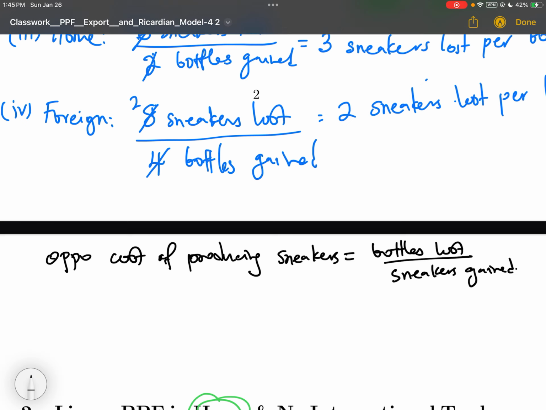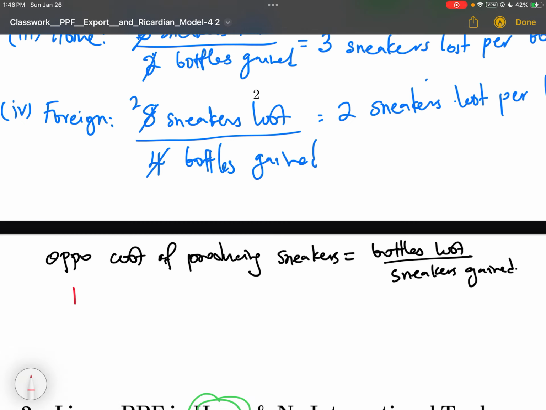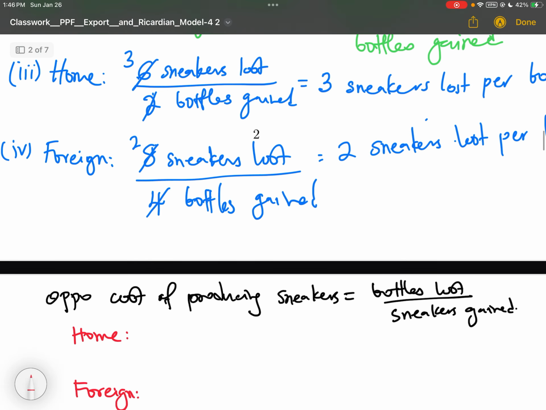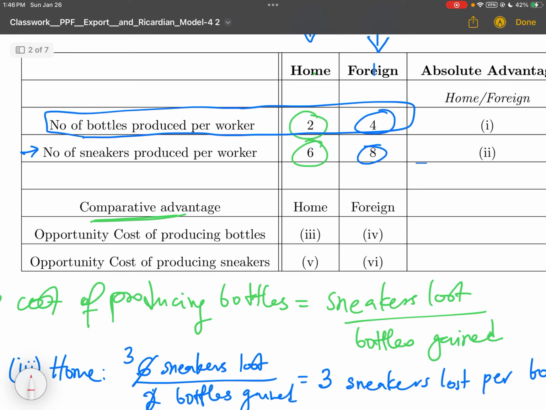Okay, and then let's change this to red. We do the calculation for home, and then we do the calculation for foreign. For home, opportunity cost of producing sneakers.